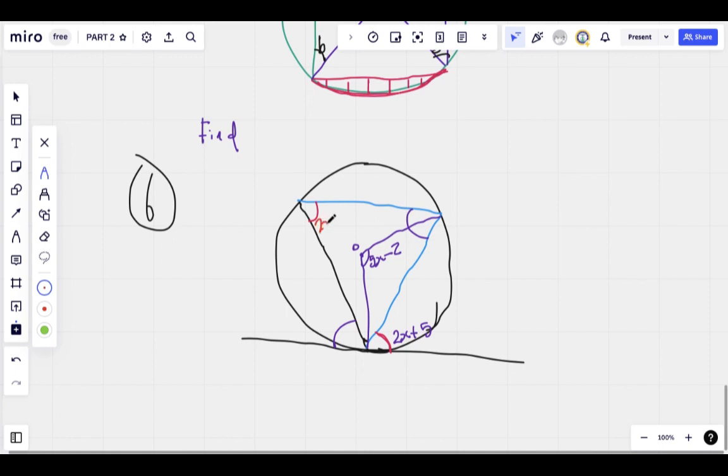It's a rule. The exterior angle here is equal to the far opposite interior angle on the left. It's called the alternate segment theorem.